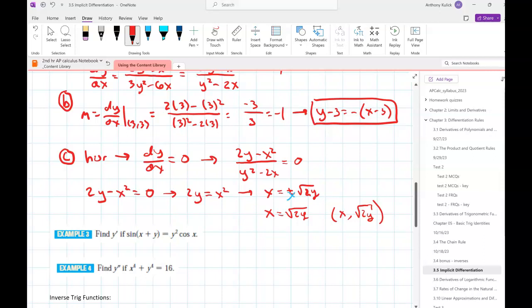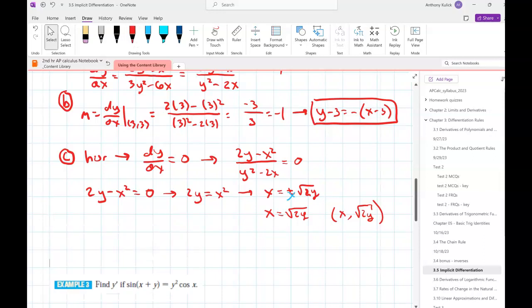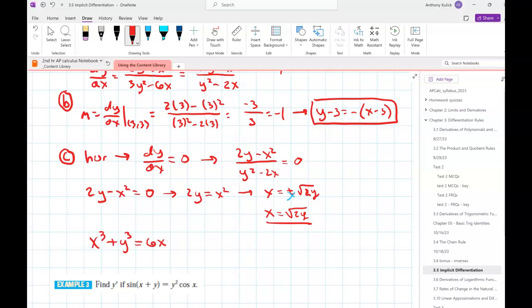Let's do this. This is not what I want. I want this. Now you plug it in for x, because we have to go back to our original equation.